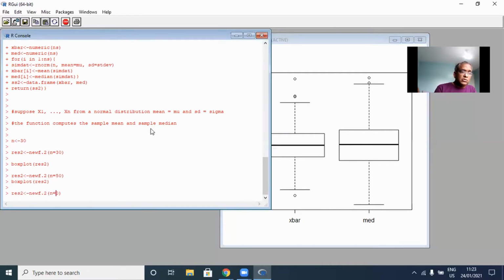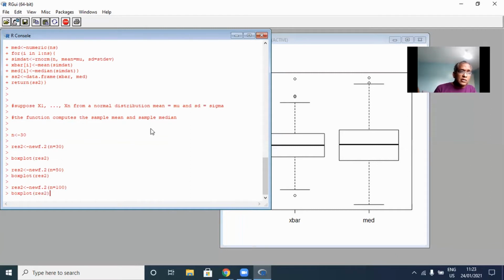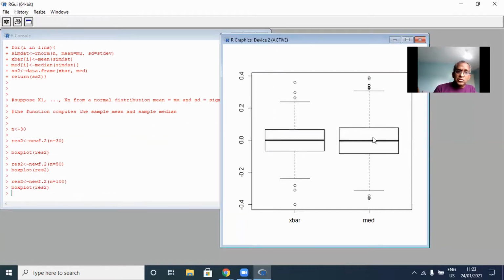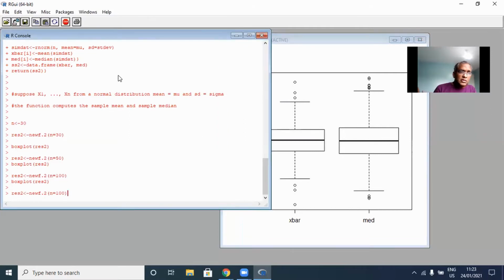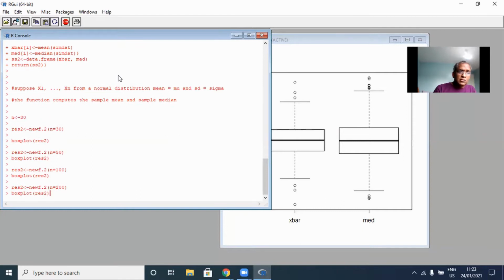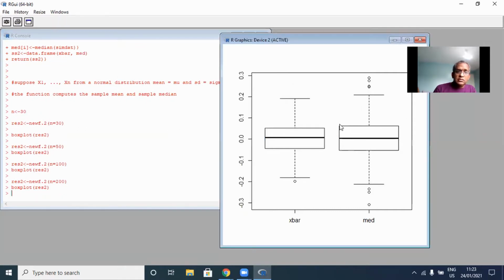Now let's take n to be, say, 100. Then you get this, the picture is similar. And let's say n to be, say, 200. In this case, the picture is similar again. The box corresponding to the sample mean is narrower compared to the box for sample median.